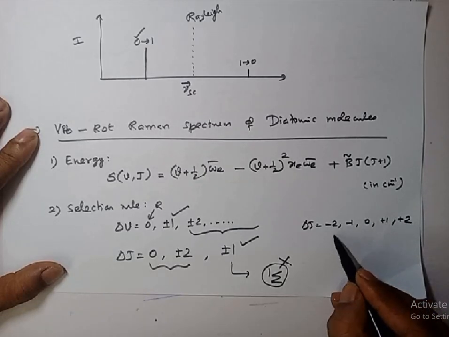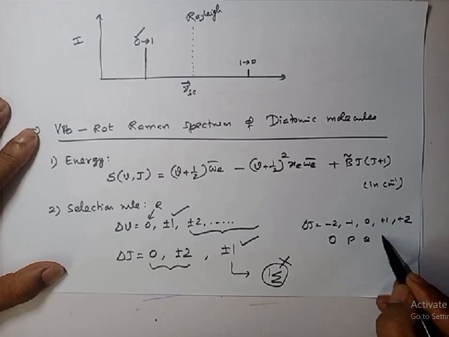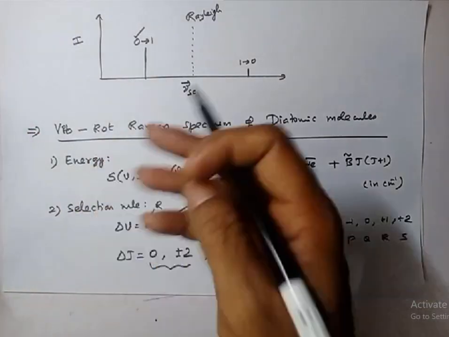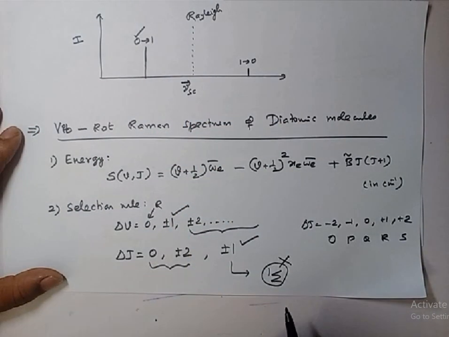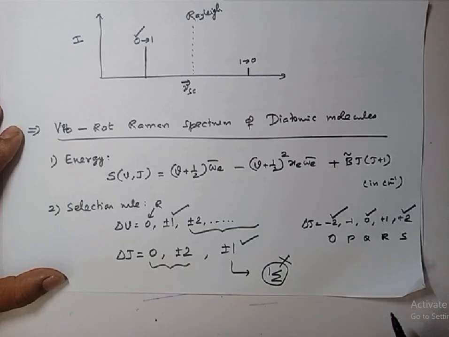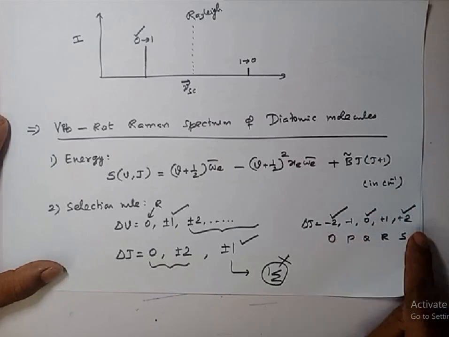If ΔJ is −2, it is the O branch. −1 means P branch, then Q branch, R branch, S branch. So in the case of vibrational-rotational Raman spectrum, we have ΔJ = −2, +2 and 0. ΔJ = 0 corresponds to Rayleigh. −2 and +2 correspond to O branch and S branch.